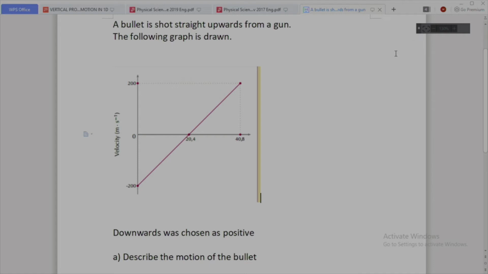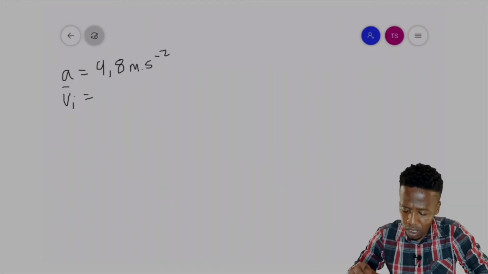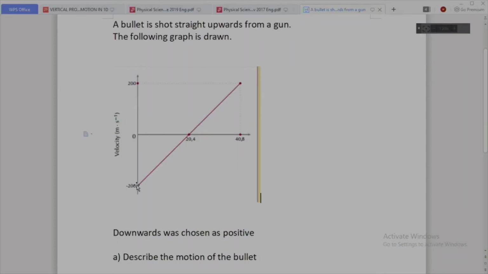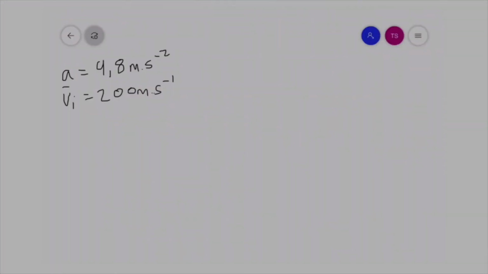We know the bullet was traveling at 200 meters per second, right? So that is our initial velocity, right? Now what is missing from that?